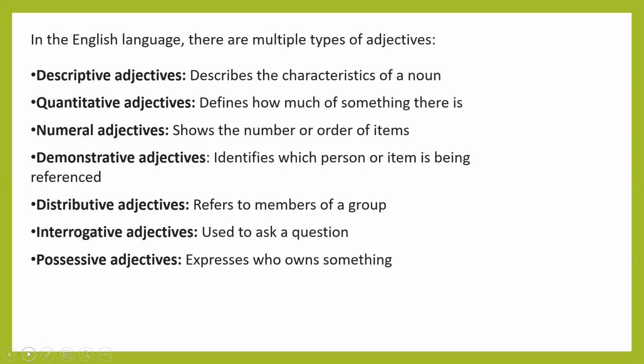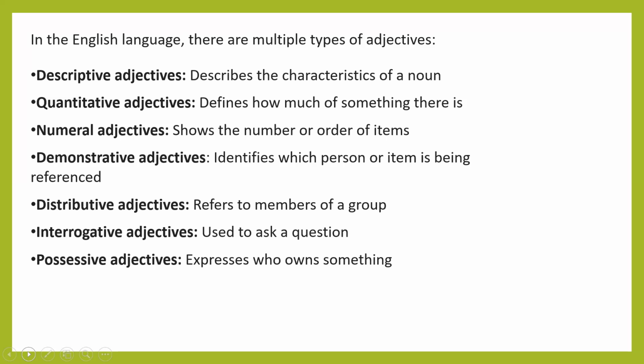So in the English language, there are multiple types of adjectives. Descriptive adjectives: the word signifies describes. It describes the characteristic of a noun or pronoun. Quantitative adjectives define how much of something there is. Numeral adjectives mean the number or order of items.